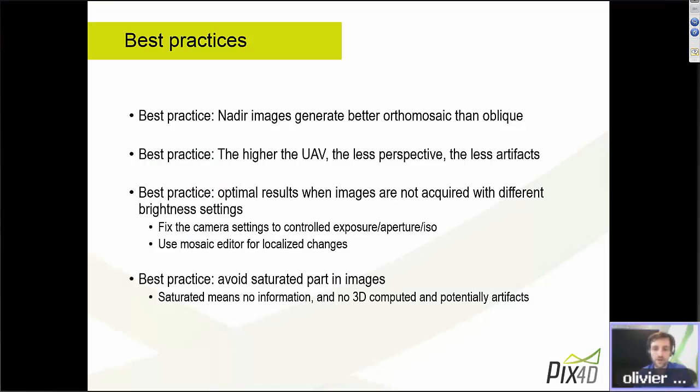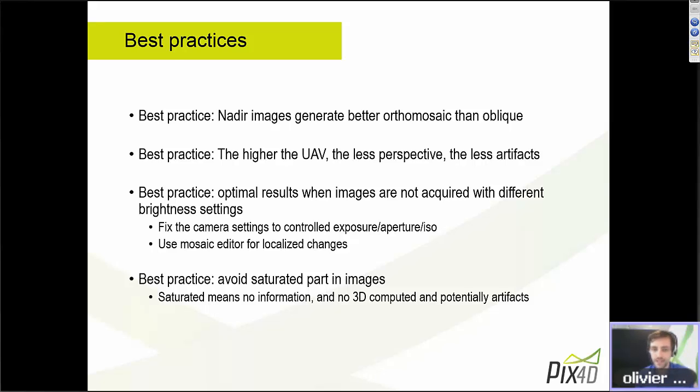So just to summarize what we've learned there, and what the best practices are to do the least amount of work as possible. The most important thing for getting a really good orthomosaic is a lot about image acquisition, the way you acquire images.